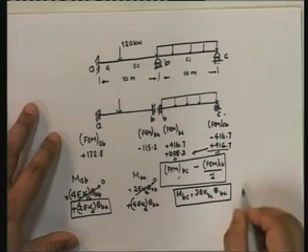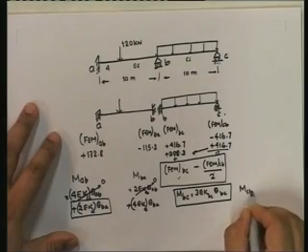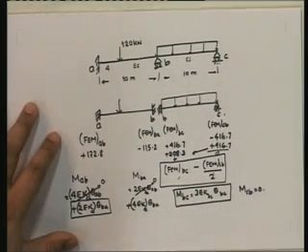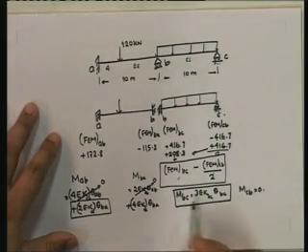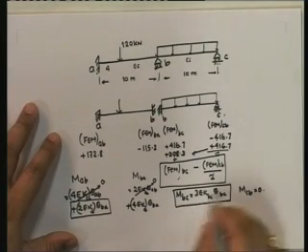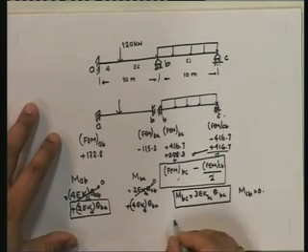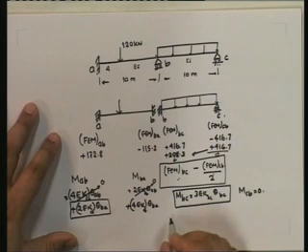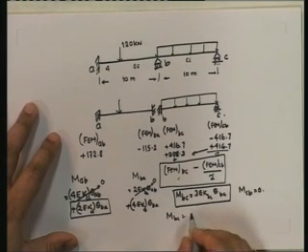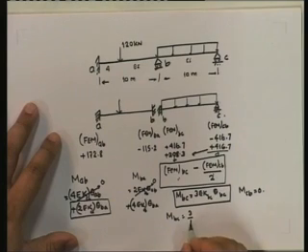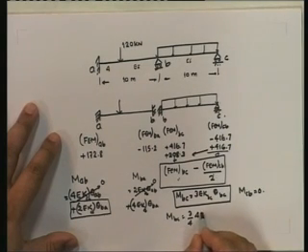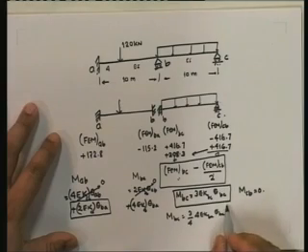There is nothing else, and here MCB is equal to 0. Okay, so can I write this in this fashion? I'll write MBC is equal to 3/4 of 4EK BC theta BC.